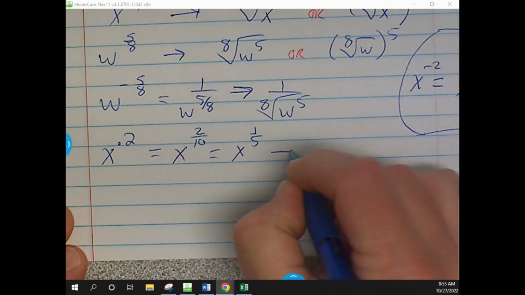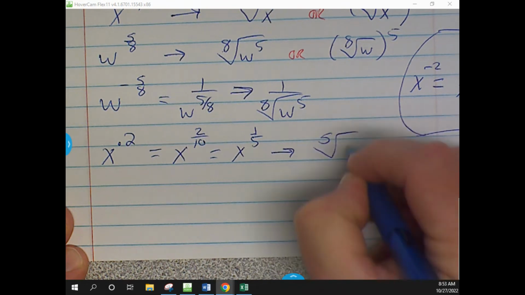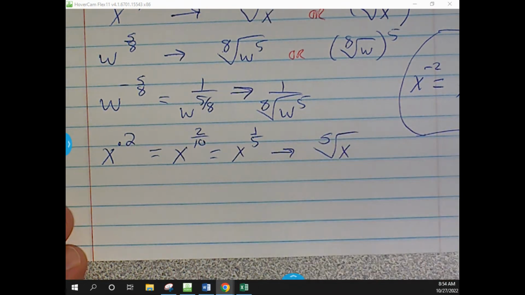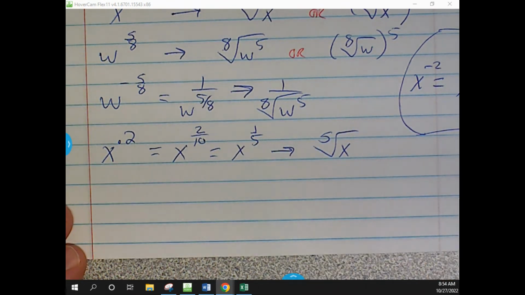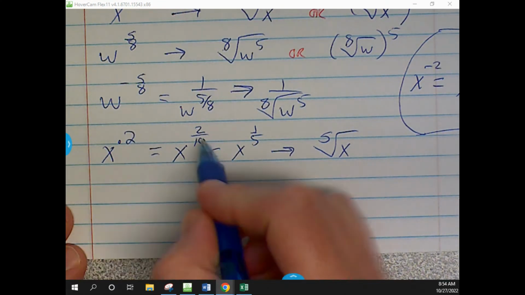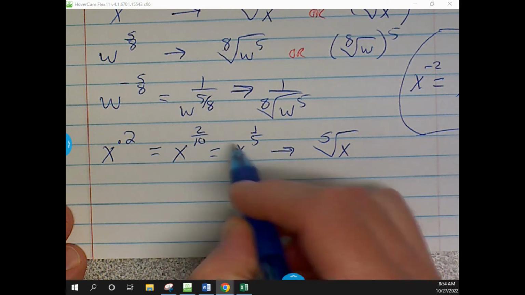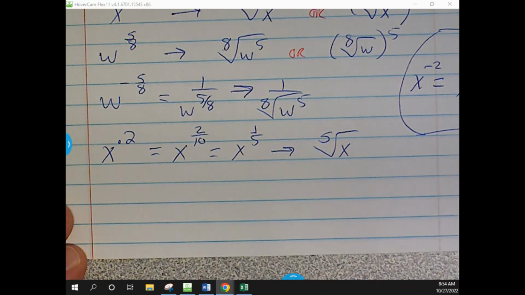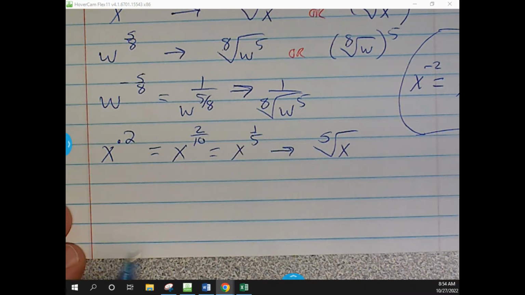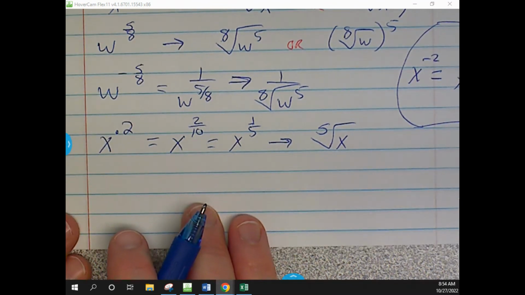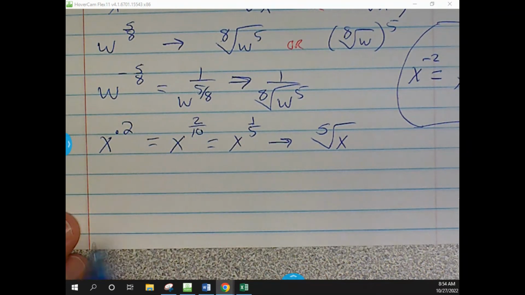Then that turns into the 5th root of x to the 1st, but we don't need the 1 because it's just x. That'll work for any decimal. If it had been 0.27, it would have been 27 over 100, and that would have been the 100th root of x to the 27th power. So anytime they throw a decimal in there, just realize that you can rewrite it in fraction form and go from there.